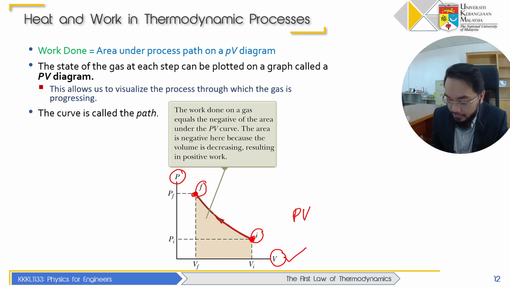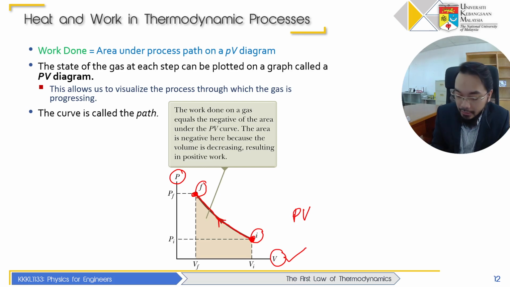It's the line that the system follows in order to move from the initial state to the final state. These three things are very important when you are analyzing a PV diagram: the initial state, the initial dot, the final state, the final dot, and then the line itself. What is the shape of the line and what is the direction of the line? That's why we have an arrow here.